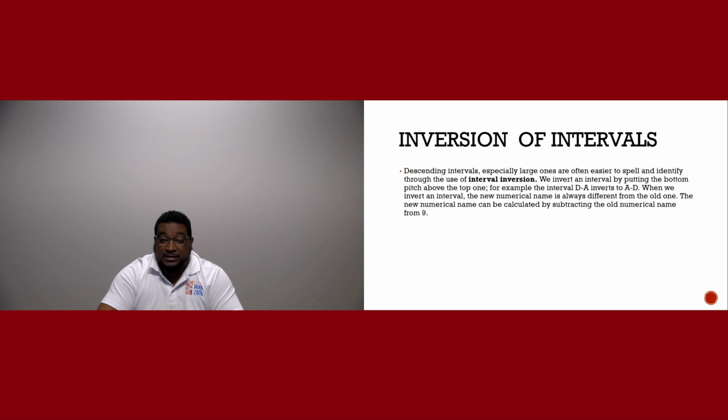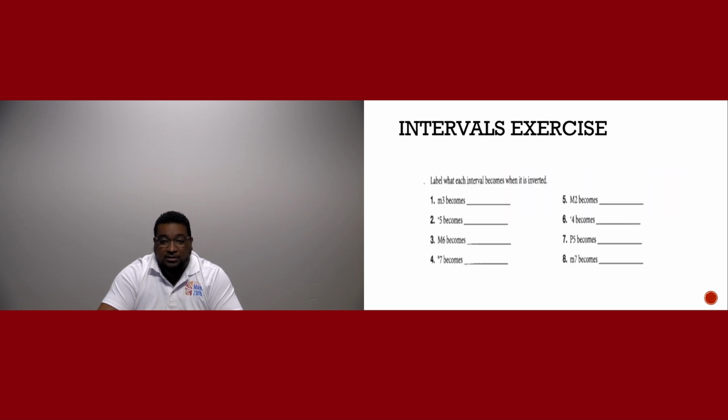Again, 9 is a big number to remember when we're talking about inversions of intervals. So again, the new numerical name can be calculated by subtracting the old one from 9. For your practice, by the way, when you see a small common letter, that means minor.